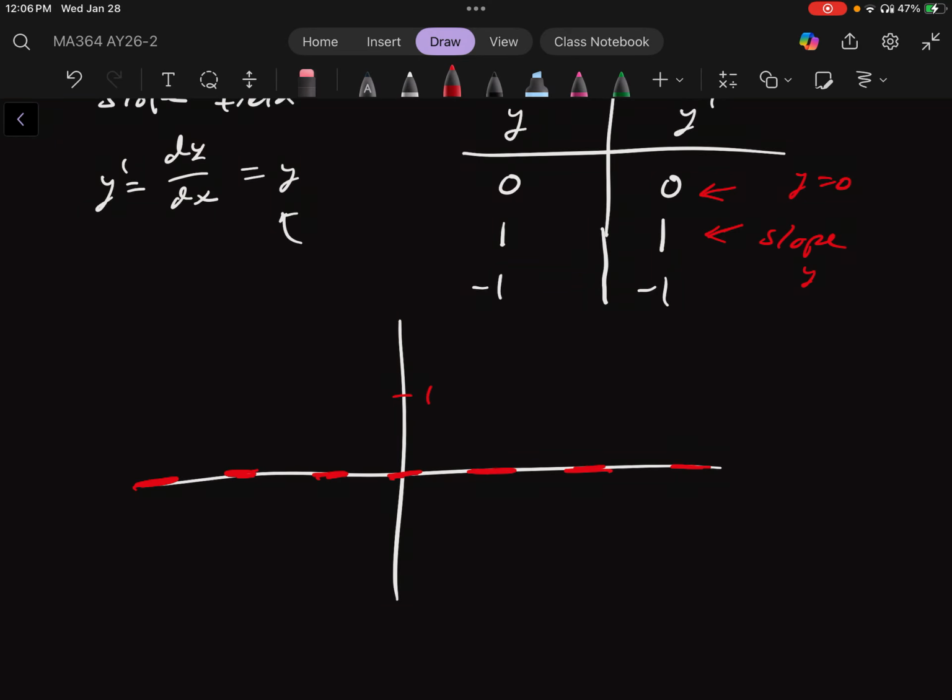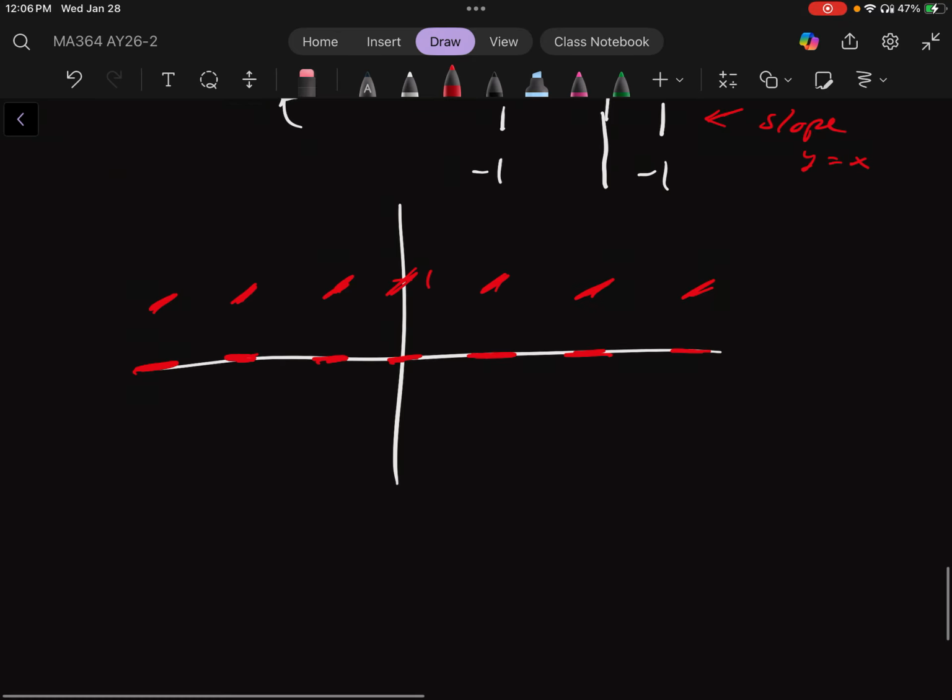And a line with slope equal to 1 is like y equal x. So I can draw little dashed lines that represent a slope of 1 that look like y equal to x. And a similar analog would be at -1, I could draw slopes that look like y equal to minus x.